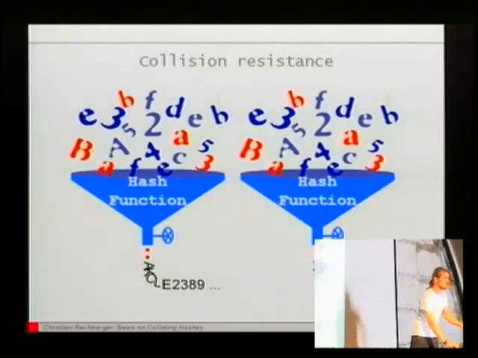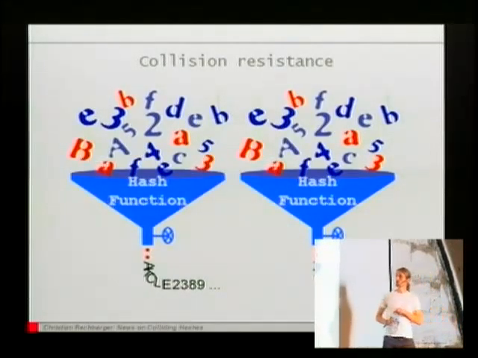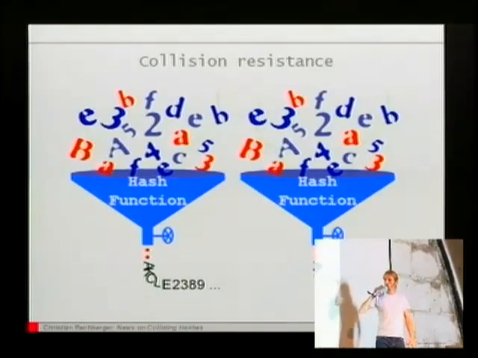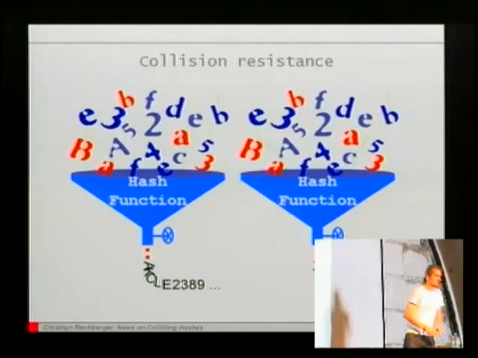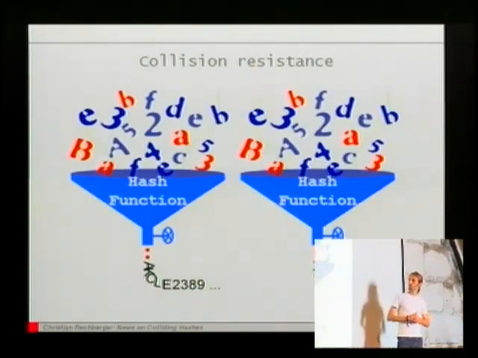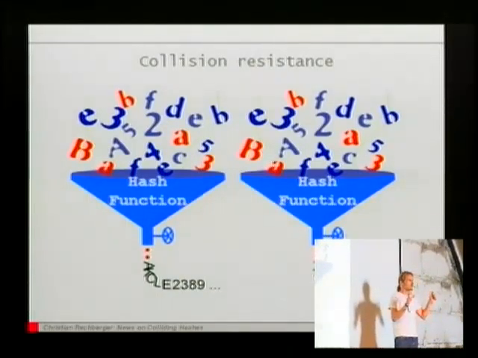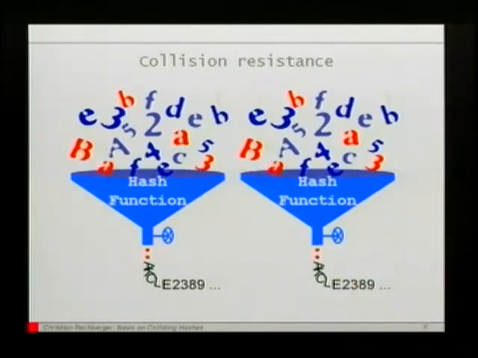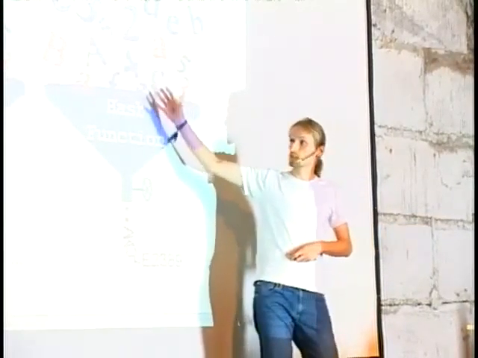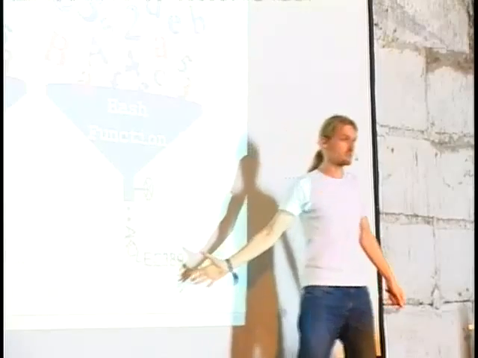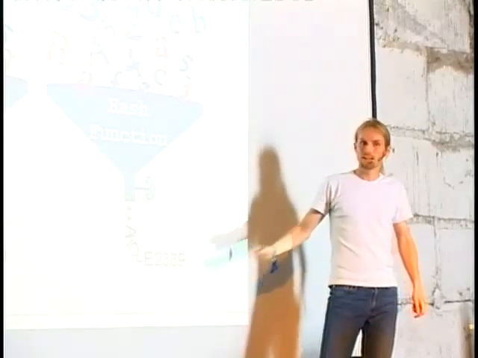There's a second very important property, which is collision resistance. That's what I'm mainly focusing on in the next 30-40 minutes or so. Think of calling this hash function twice. Of course, if you feed in the same input twice, you will also get the same output. It's deterministic. However, if you change something at the input, something completely different should pop out at the end.